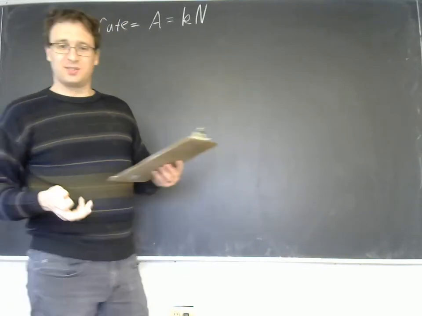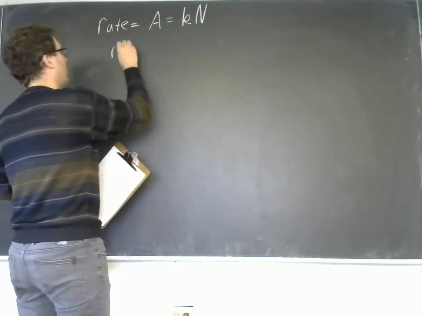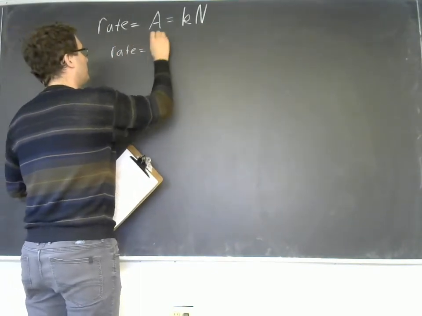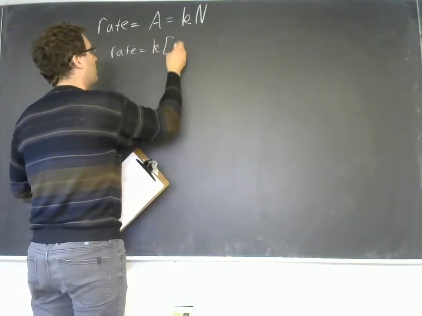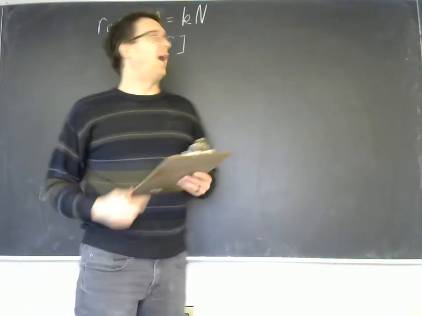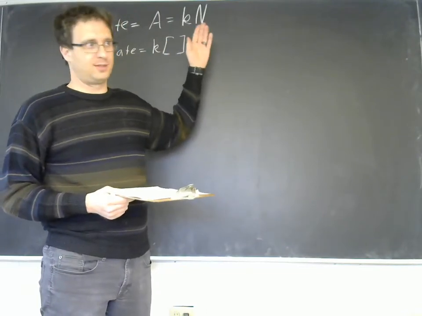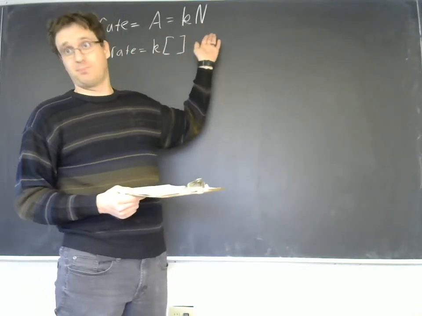So this is really similar to the first order rate kinetics we saw earlier. It said that rate is equal to k times the concentration of one of the reactants. So here, instead of a molar concentration, we're just going to count the number of nuclides present.